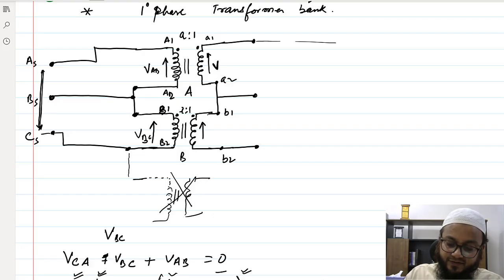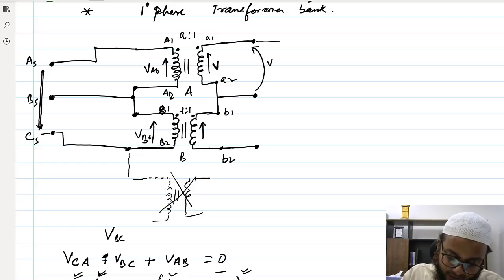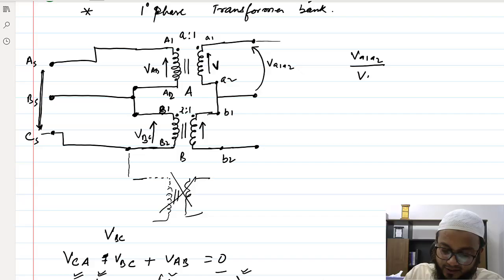Let's say I have connected a three-phase load. Just try to see what this voltage actually is. Here the voltage is VA1,A2. And what is VA1,A2?